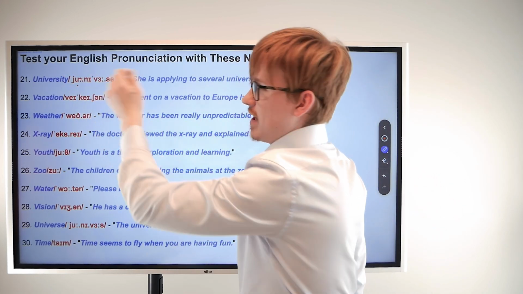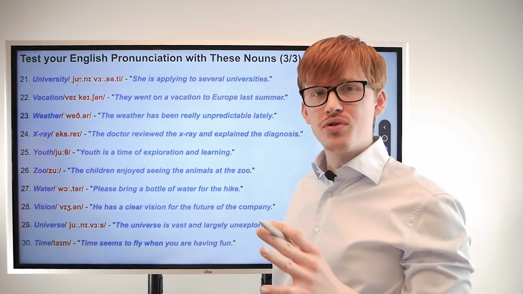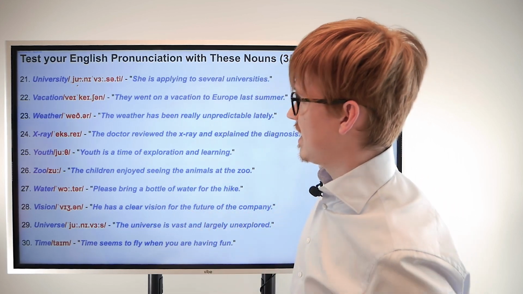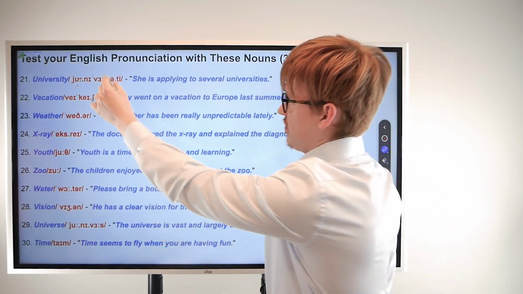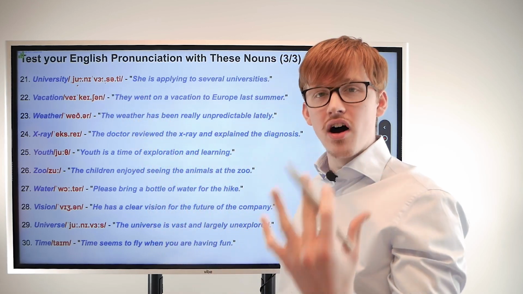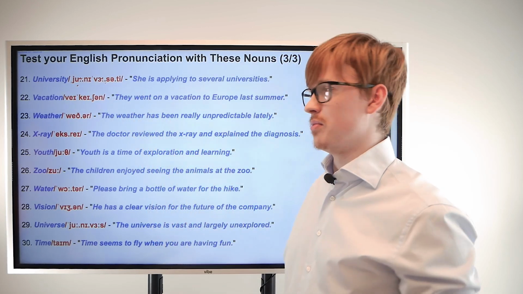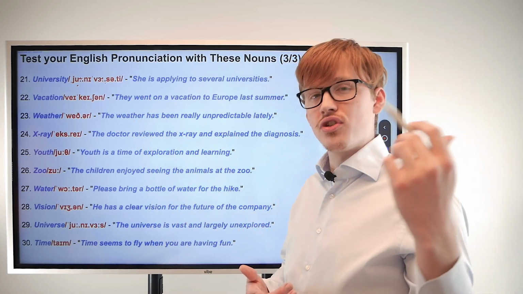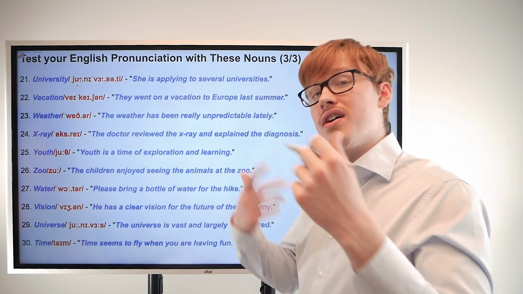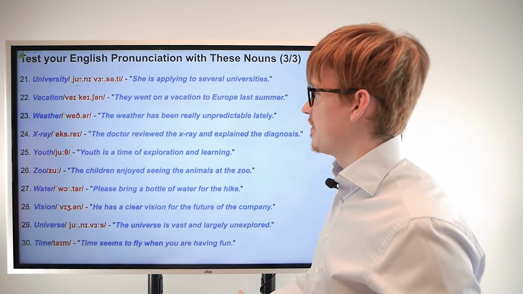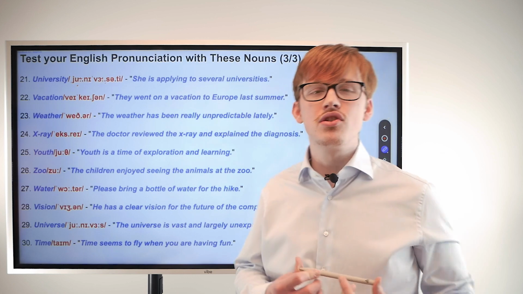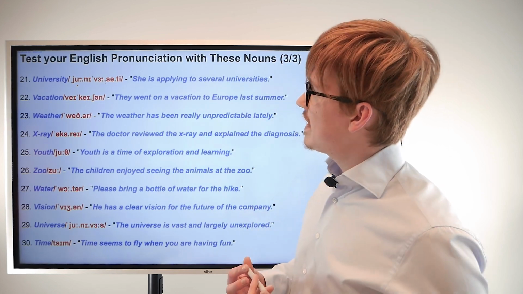And our two dots here, which lengthen that U sound. University. And we have another lengthened sound, which is the ver, which is actually our stressed syllable. University. Not university. It's university. Gotcha. Nice one.